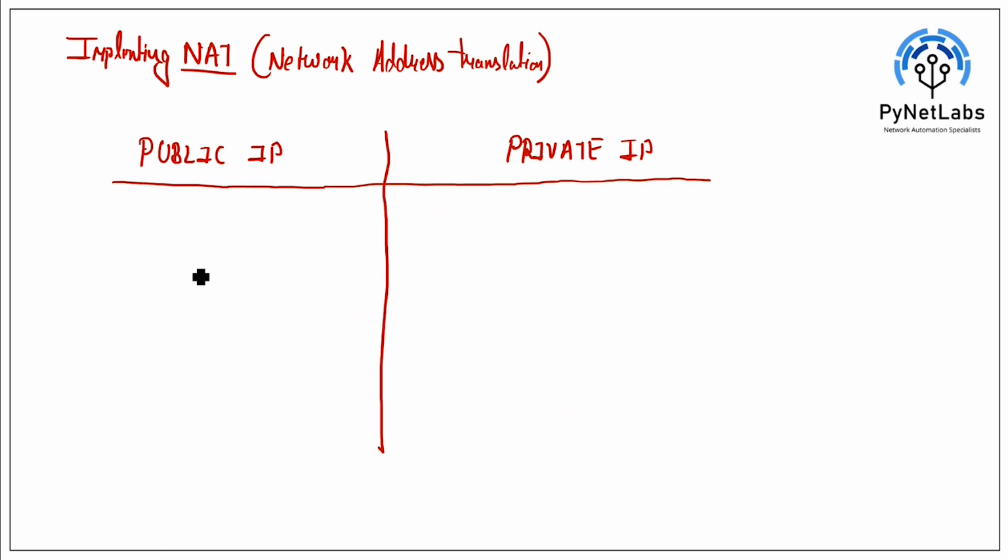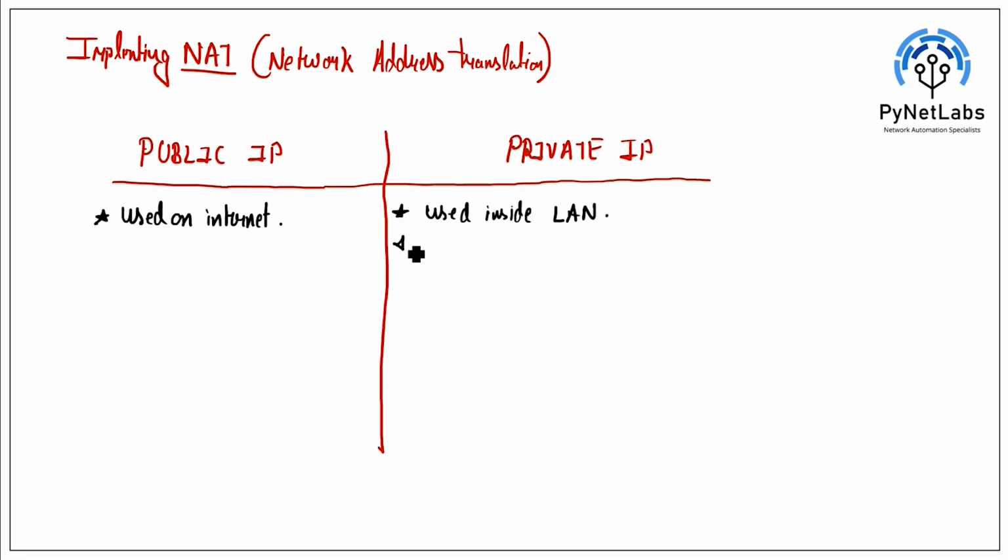So let's get started with the public IP first. Public IPs are a kind of addresses which are used over the internet. Whereas private IPs are used inside the LAN, inside organizations. They are not recognized over the internet.